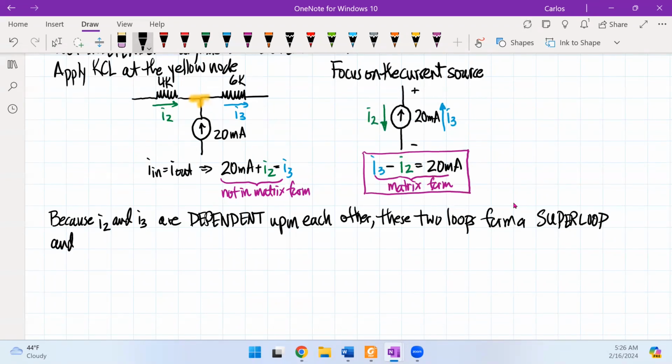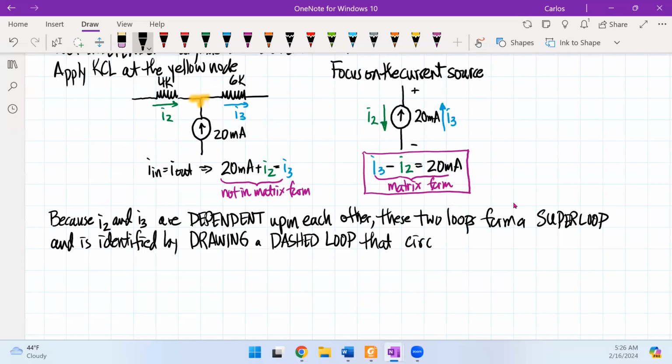And it is identified by drawing a dashed loop, just like we did with nodes, that circumnavigates both loops.